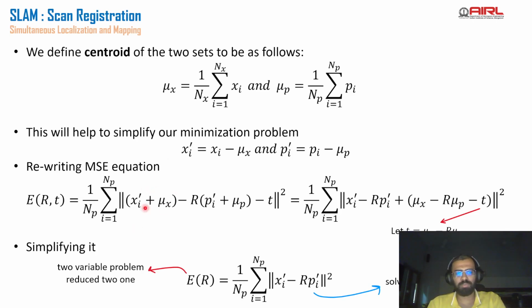So let's put those into the MSE equation which we had earlier with a little bit of rearranging. What we get is xi minus R pi, so that's the rotation part coming into play, and then minus t, which is the translation which we had to get. Now we know that mu x and mu p are related only by rotation because I have almost removed the translation, and so mu x and mu p are also going to be similarly rotated and similarly translated.